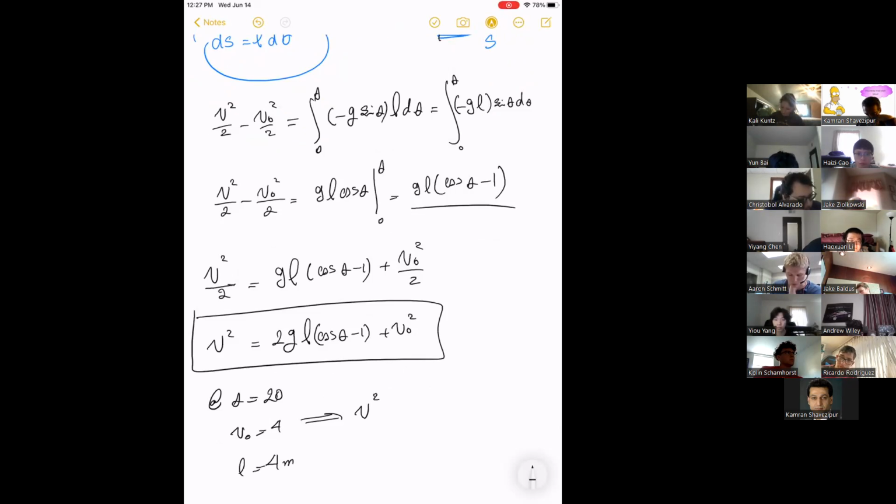Your V squared is going to be, or let's just get the V. V is going to be 3.357 meter per second.